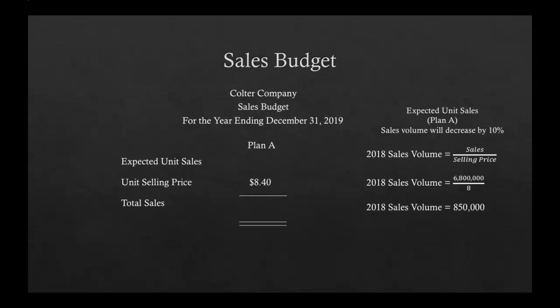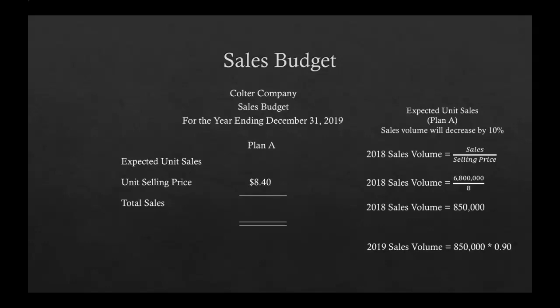So under Plan A in 2019, sales volume will decrease by 10%. We need to figure out what our 2019 sales volume will be. If it decreases by 10%, that's the same thing as saying the 2019 sales volume will be 90% of 2018's.